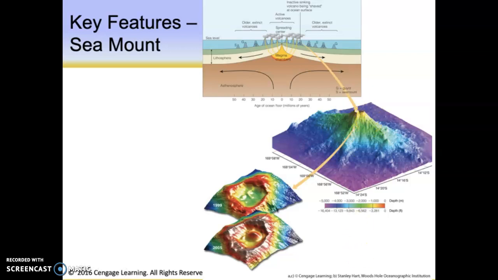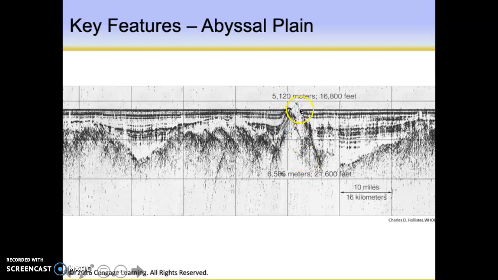And then when that moves away from the mid-ocean ridge, it sinks below the surface. But if it's active enough, you can see we still have one peak here. This would be a seamount that still pokes above the abyssal plain simply because the igneous activity built it up to the point that it was quite tall. So those are the primary features that we will see in the Atlantic Ocean basin.